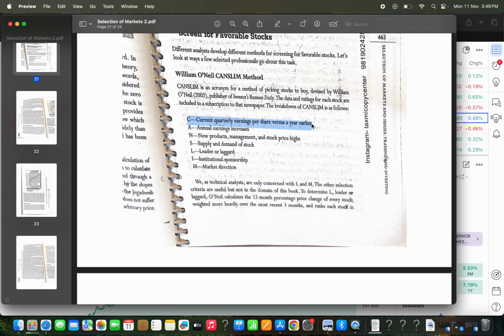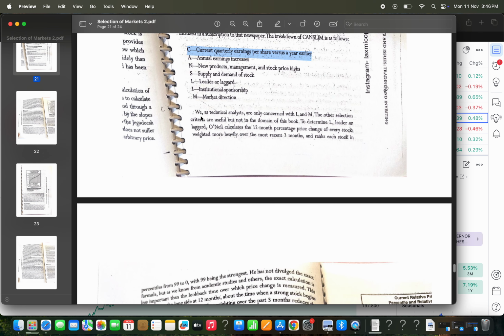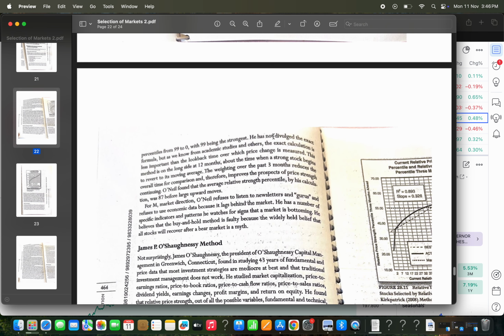of selecting stocks. Okay. So we as technical analysts are not only concerned with LNM, which is leader and laggard and market direction. The other selection criteria are useful but not in the domain of this book. To determine L, leader or laggard, O'Neill calculates the 12-month percentage of the price change of every stock, weighted more heavily than the recent 3 months, and ranks each stock in percentiles from 99 to 0, with 99 being the strongest.